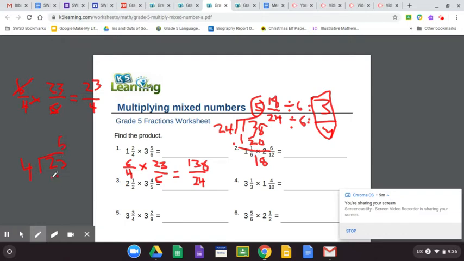And this would be 20. And then you just end up with 3 as your remainder. So you get 5 and 3/4. So same answer, just the cross canceling takes away the simplifying that you'd have to do over here. But again, if you're not sure about this cross canceling, just multiply across and do your division like you guys know how to do. So the answer for this one is 5 3/4.